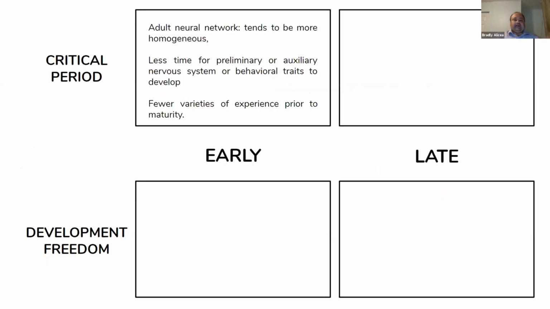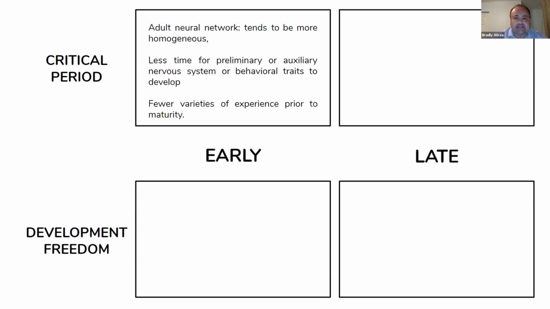And so we can think of this in terms of early and late effects. So we have this contingency matrix here that we've made where we look at the critical period and then we look at developmental freedom. So an early critical period means that the adult neural network tends to be more homogeneous. There's less time for preliminary or auxiliary nervous systems or behavioral traits to develop.